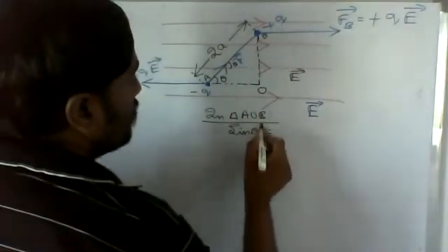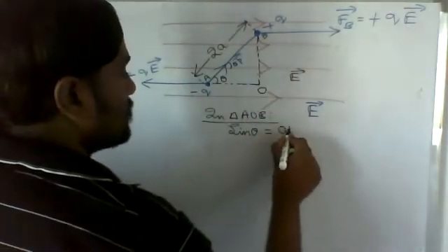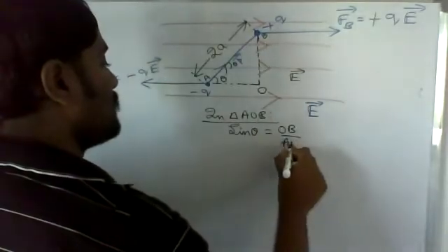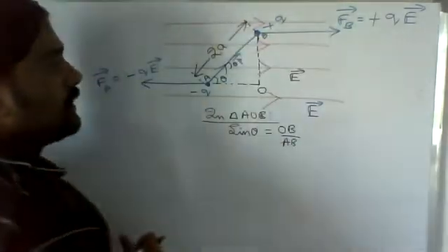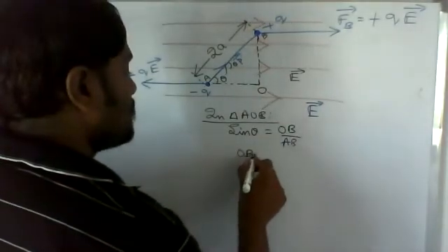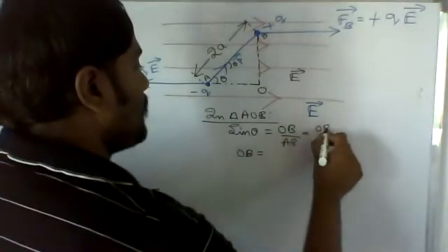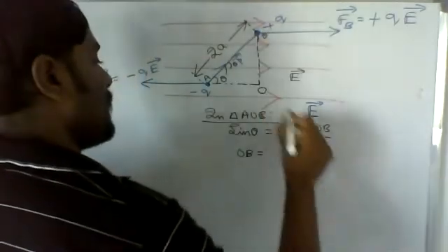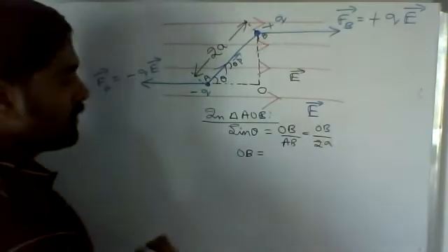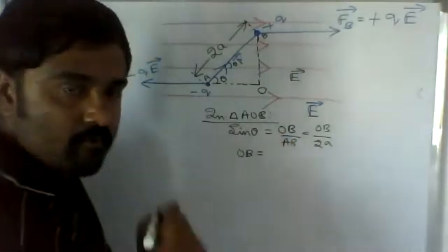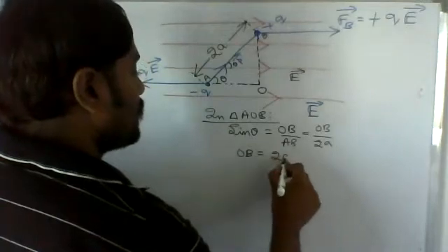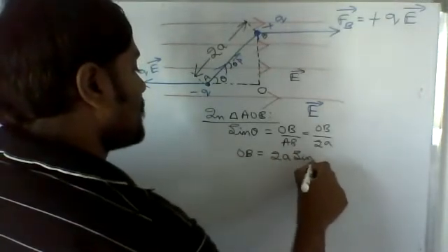Perpendicular is OB, hypotenuse is AB. So we want the perpendicular distance, that is OB. After cross multiplication, we will get OB is equal to 2A sin theta.